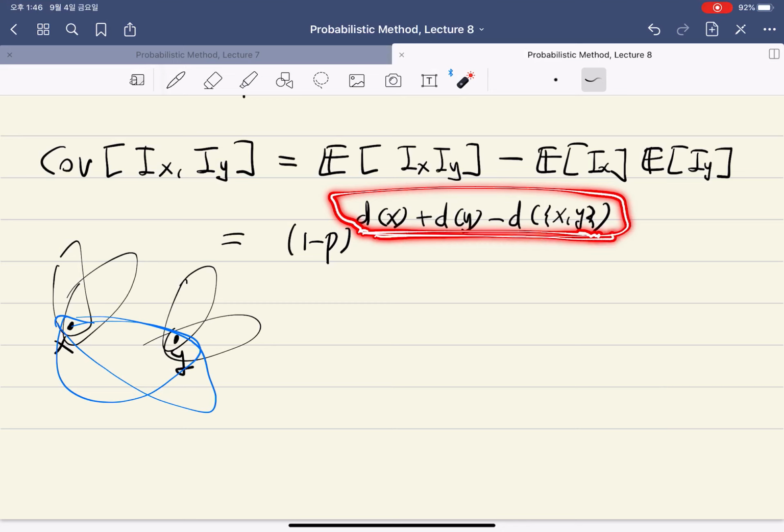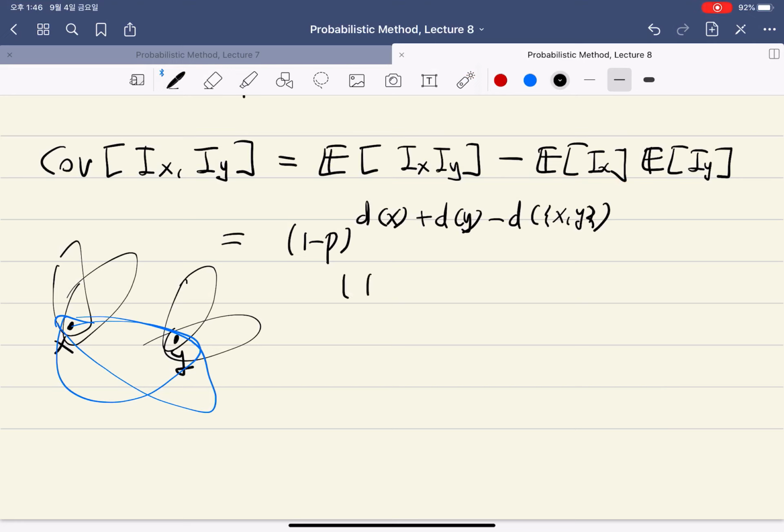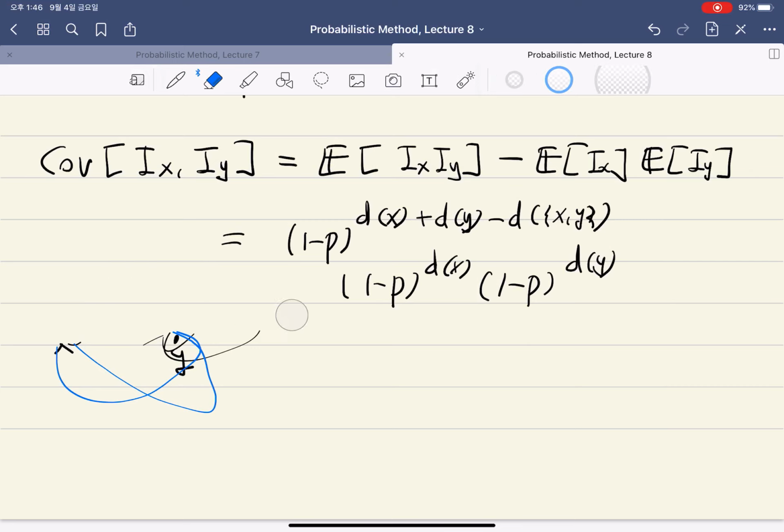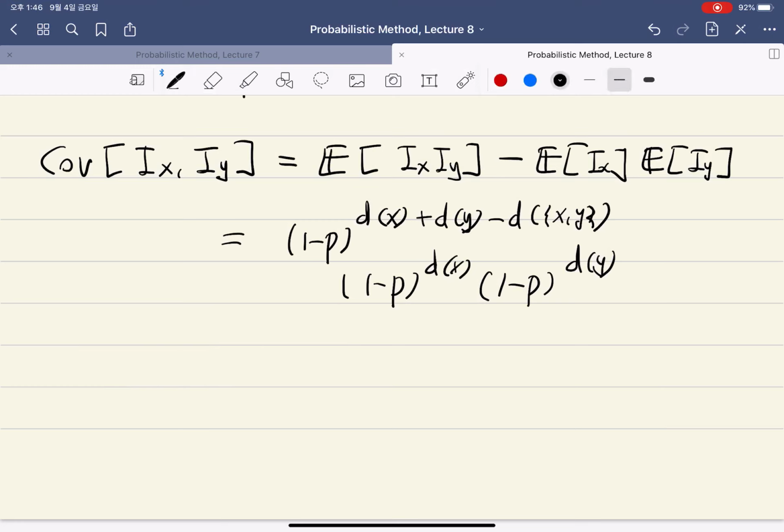If none of such edges are chosen, then x, y both survive. And if we consider just this expectation, they survive as long as no edge containing x is chosen and no edge containing y is chosen, which is simply the multiplication of these two.